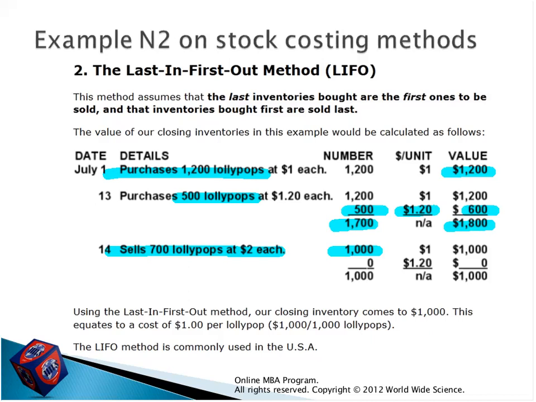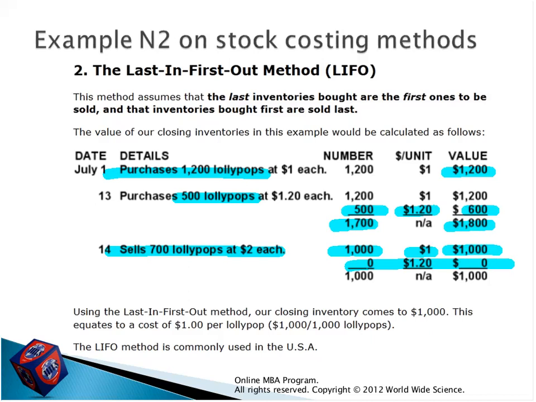And they will be valued at $1 each. So we have 1,000 here. Now, the explanation: we have the same two kinds of purchase, right?